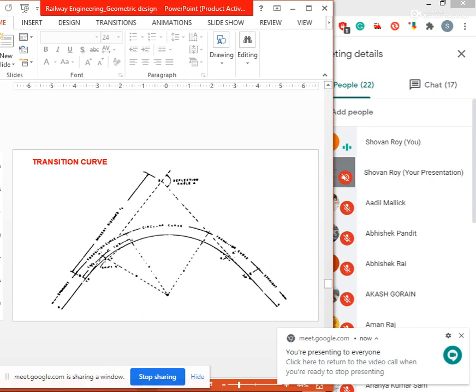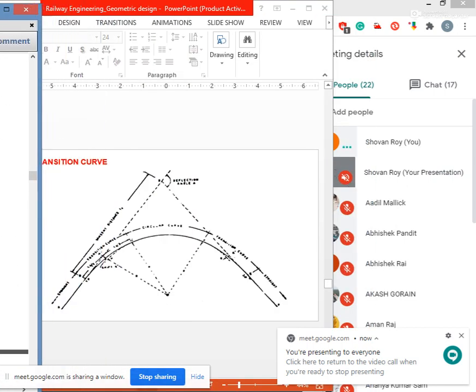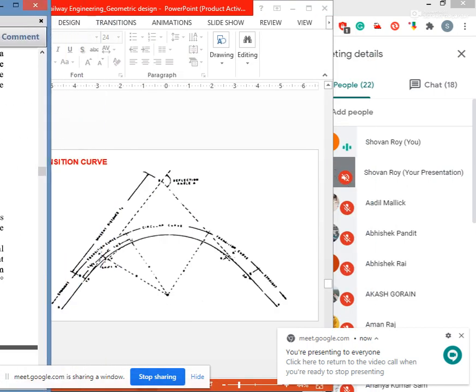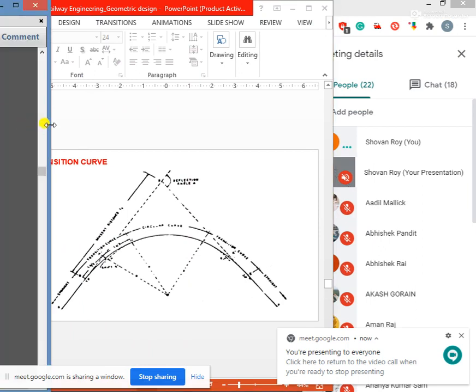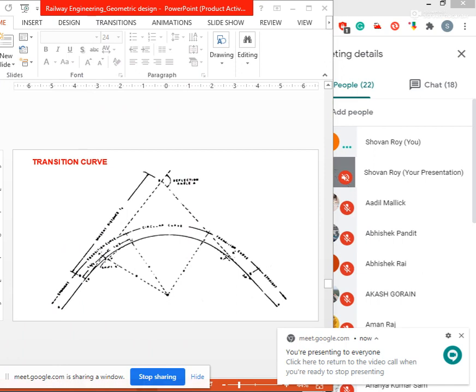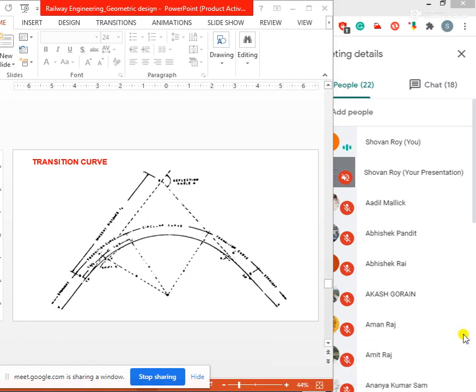transition curve. Okay, transition curve. Next is our transition curve. This is one of the best pictures to understand what a transition curve is.